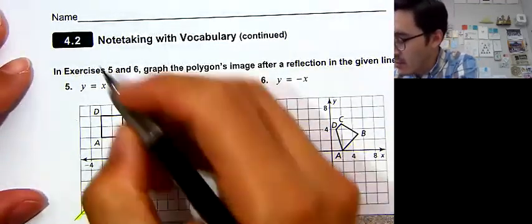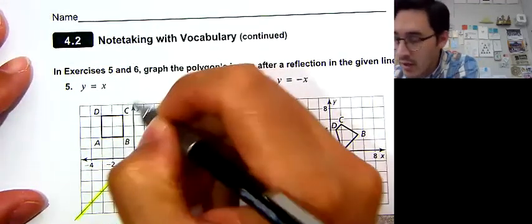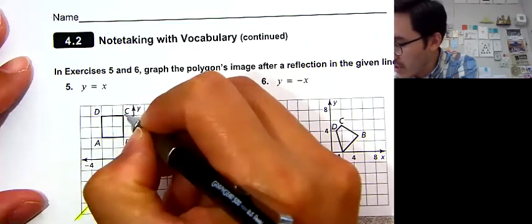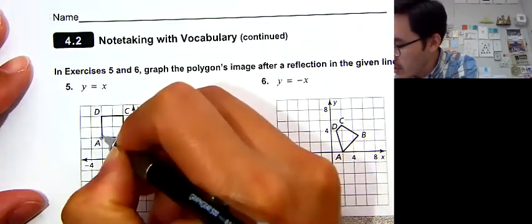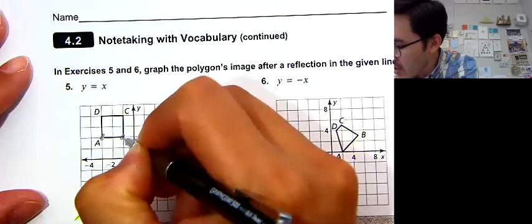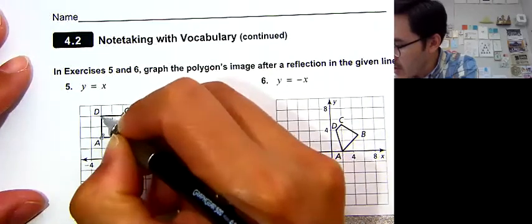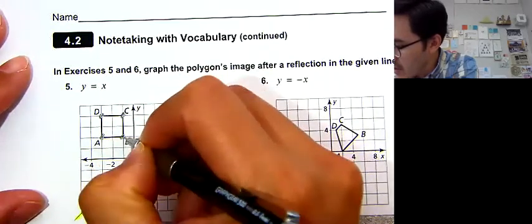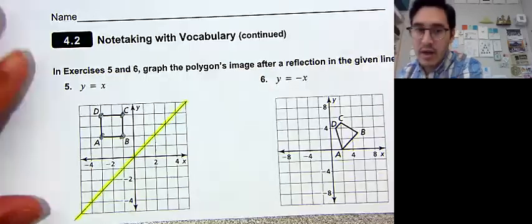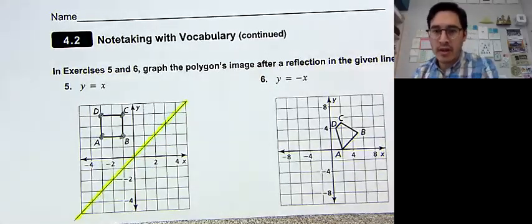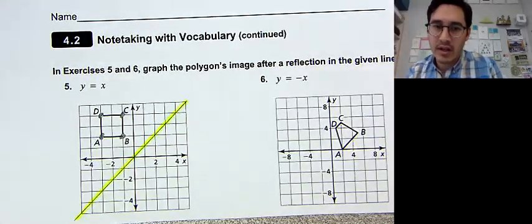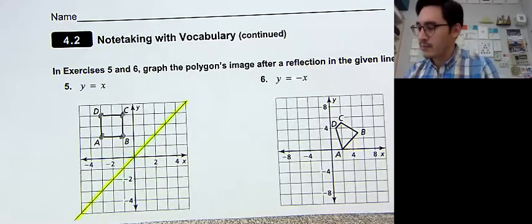I'm not going to be able to transfer the ink from the printer, so I have to put some lead. So let's just do the points A, B, C, and D. All right. If I can get the points to transfer over to the other side, then I can just connect them with the segments to make the square.